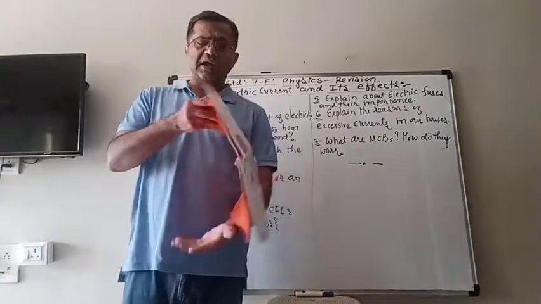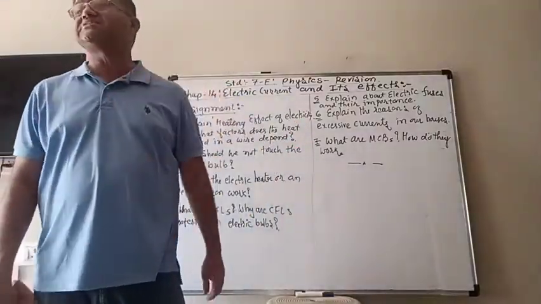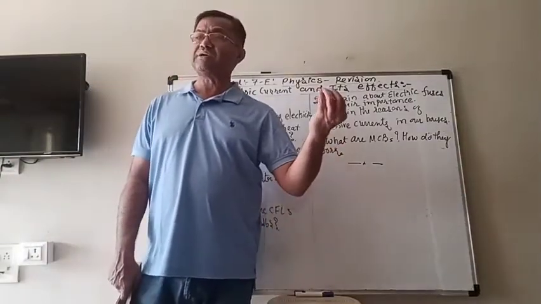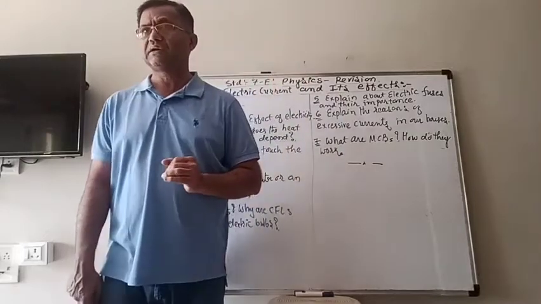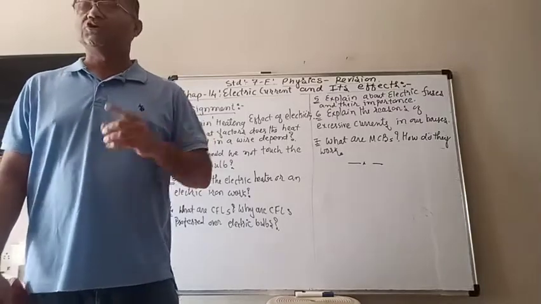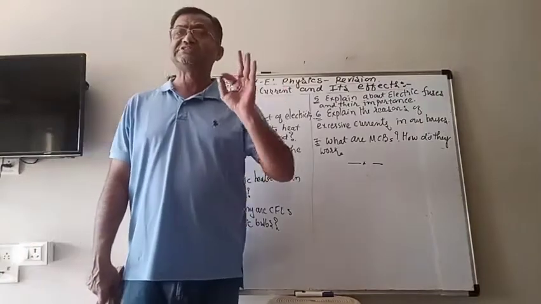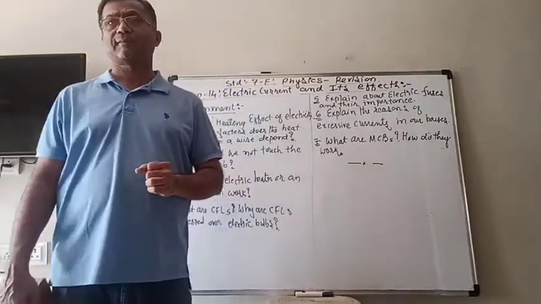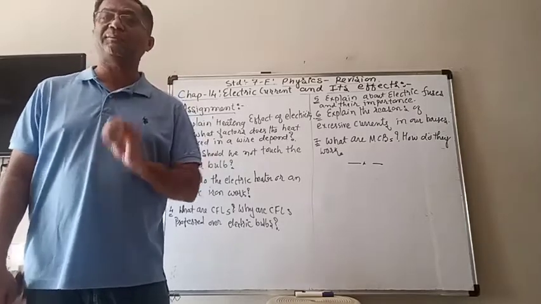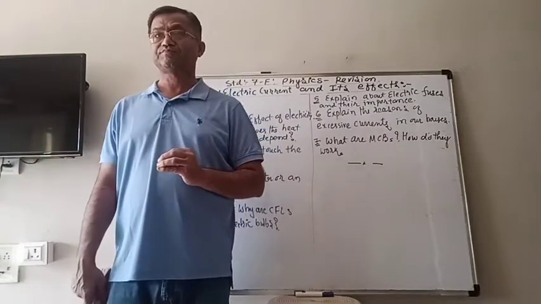Now, you have to be careful when you buy these CFLs, because there must be an ISI mark. Actually, on any of the electric appliances you buy, you must look for an ISI mark, Indian Standards Institute. It means that appliances are tested properly and they are suitable to use in our houses.